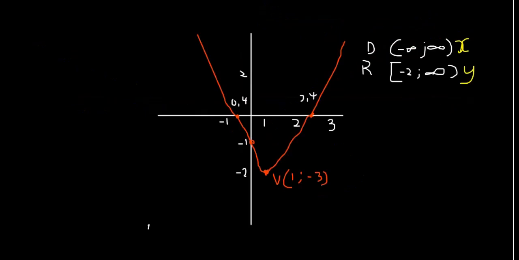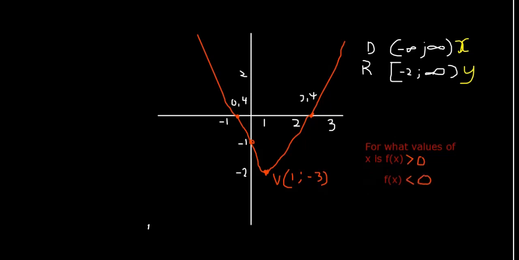Now we go to another thing. They will ask you, maybe this one is f at x. For what values of x will f at x be greater than 0, or f at x less than 0?